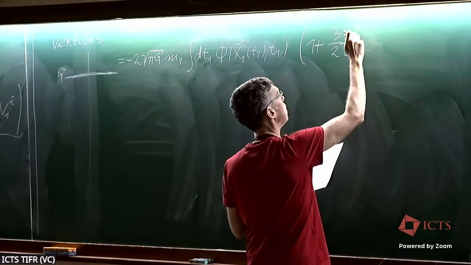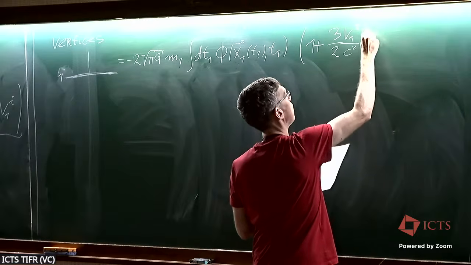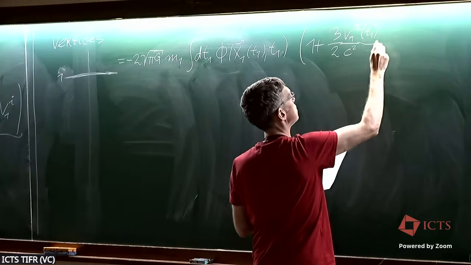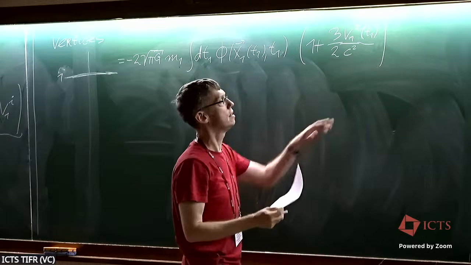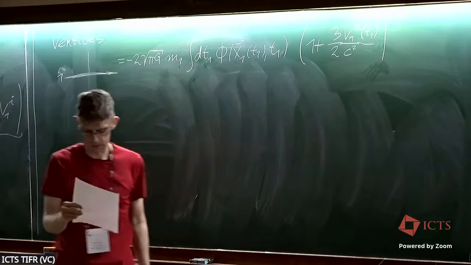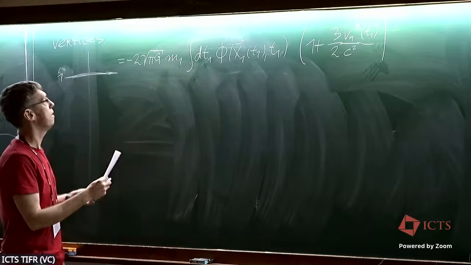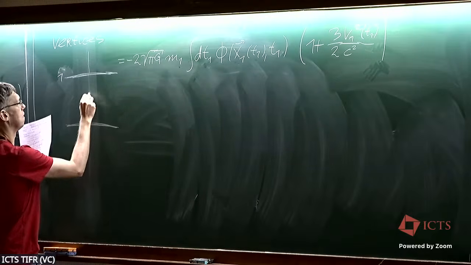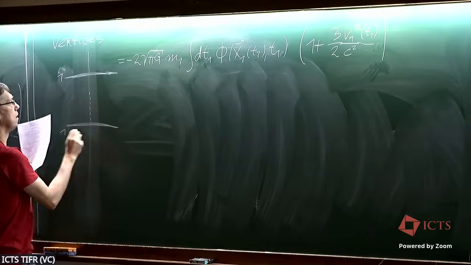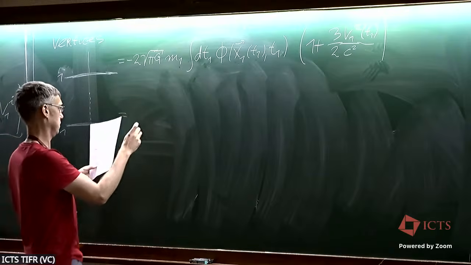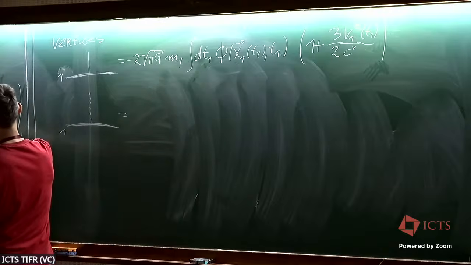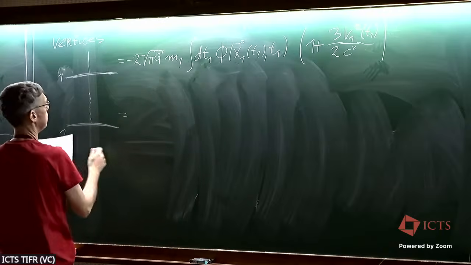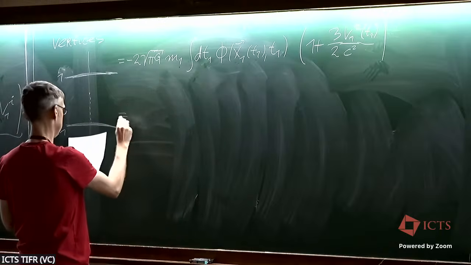And also the velocity v, since it depends on the world line, depends on the time. Okay, now next one. So this is the coupling here to the A field. Looks very similar.